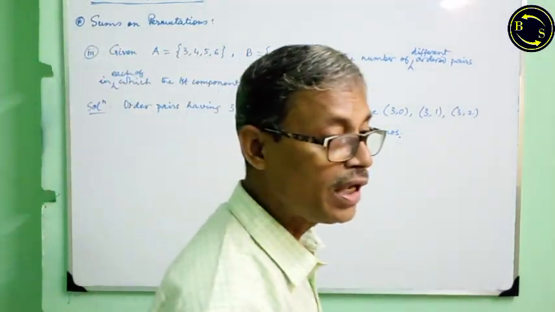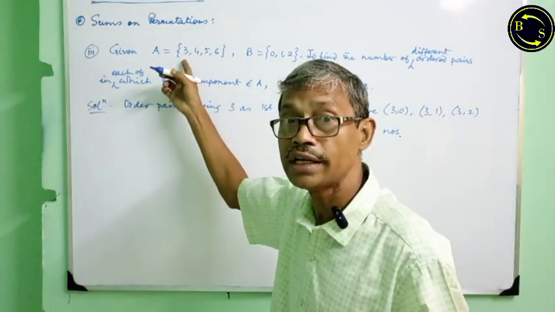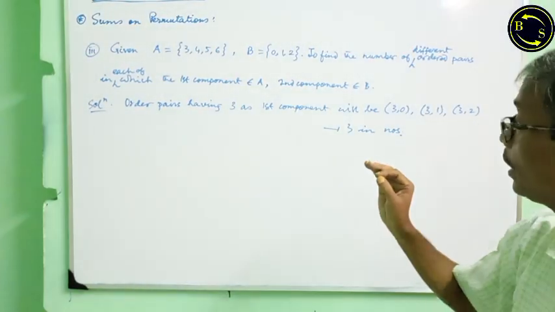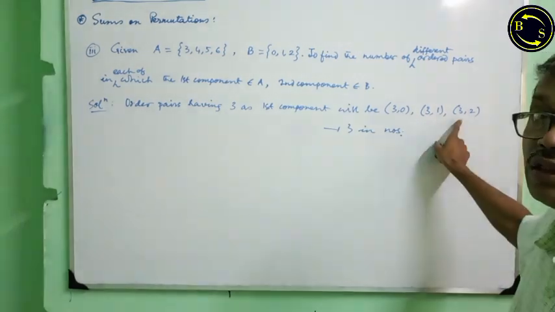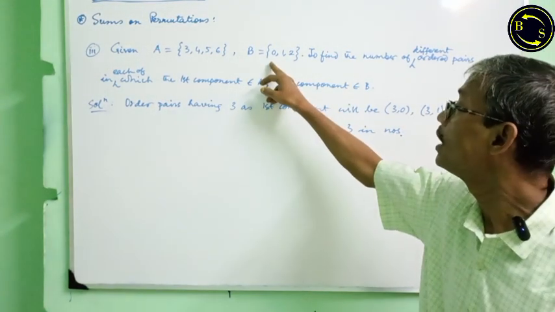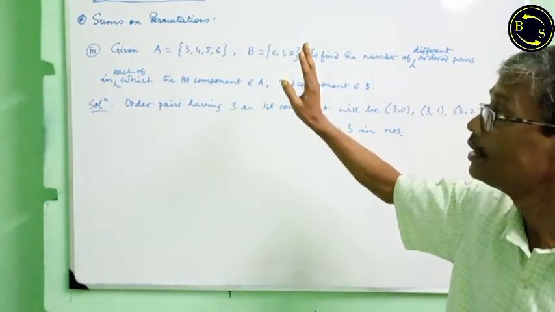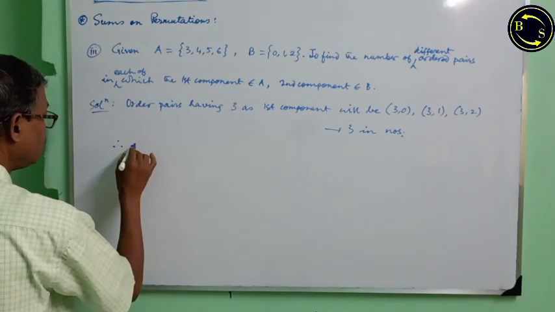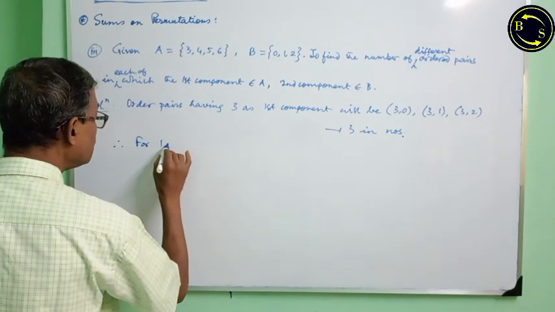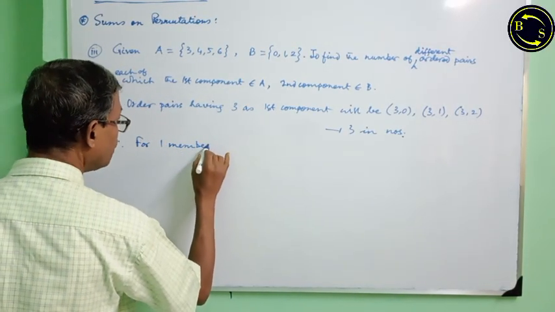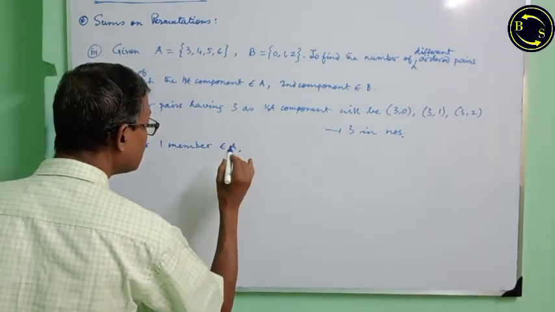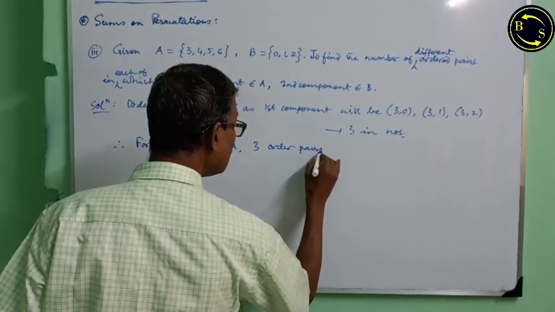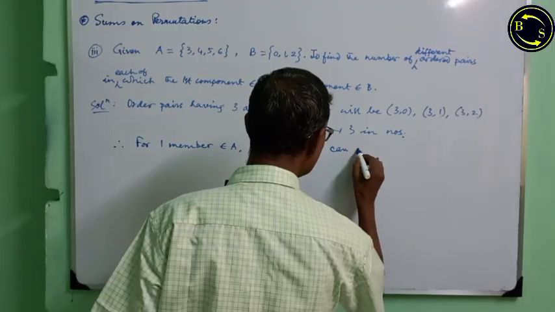Follow this. If I take the first member of set A and form the ordered pairs so that 3 occupies the first place, then the number of ordered pairs will be 3, as there are 3 members in set B. Therefore, for one member belonging to set A, three ordered pairs can be formed.